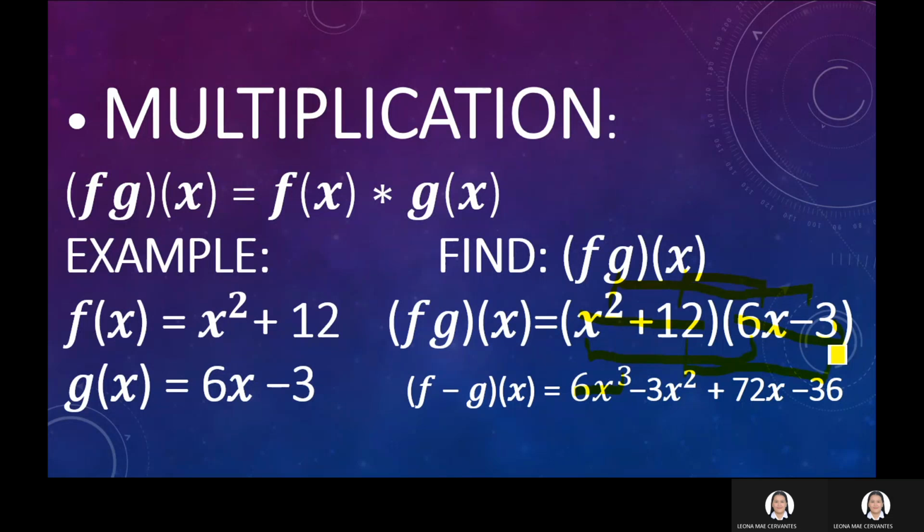So f times g of x is equal to 6x cubed minus 3x squared plus 72x minus 36. Okay?